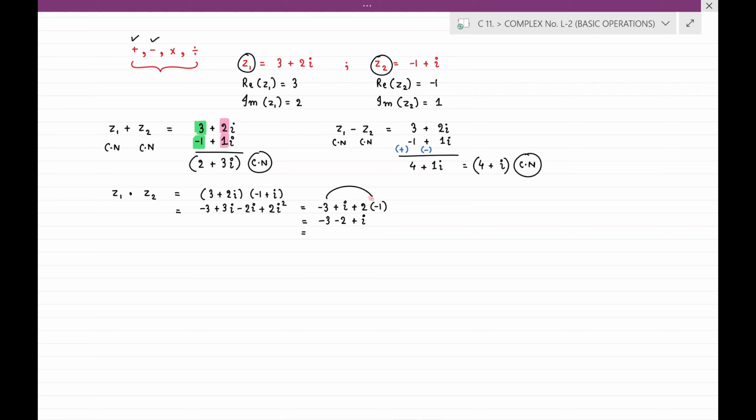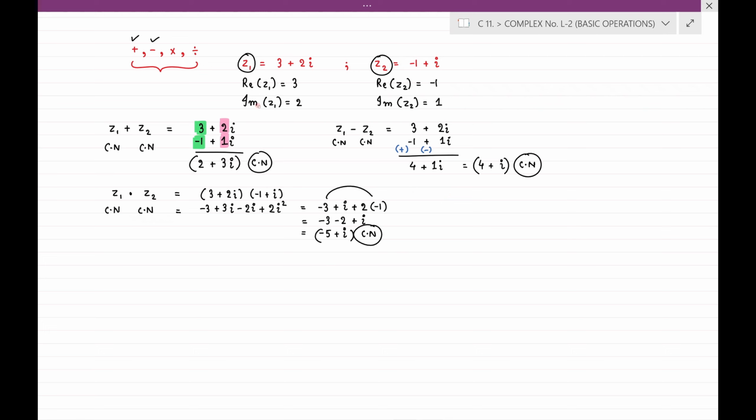Minus 3 and minus 2 after getting added up gives you minus 5, and then plus iota copied down. So as you can see, when a complex number is multiplied by a complex number, the result is also a complex number. This is how we multiply.